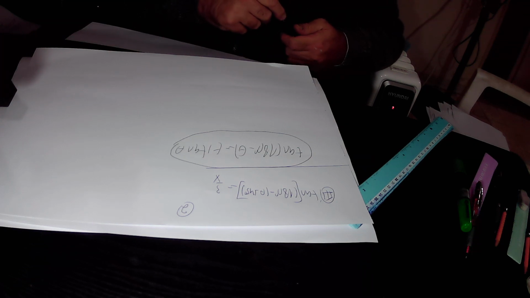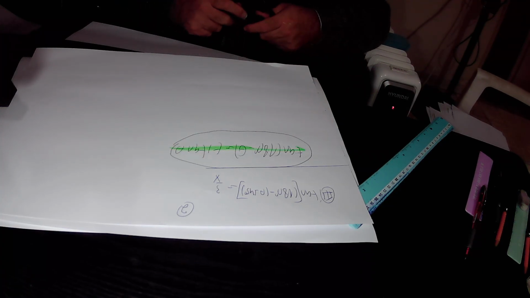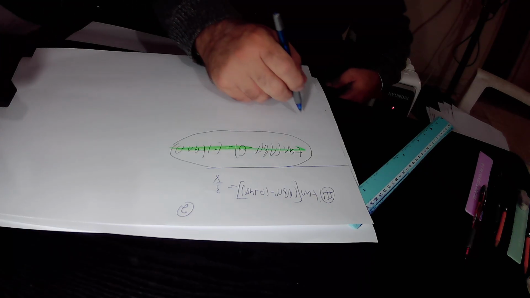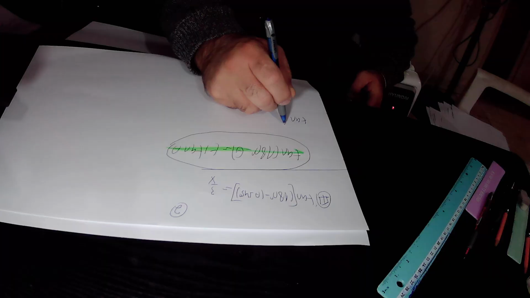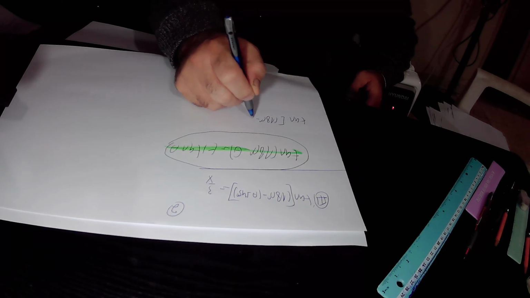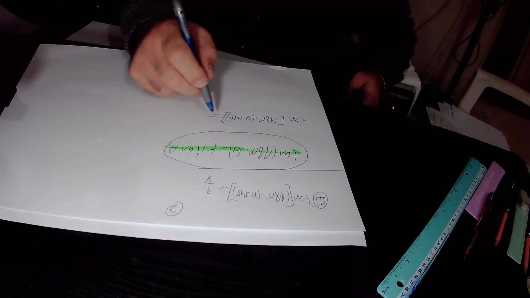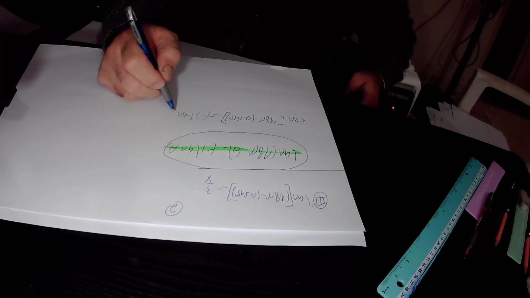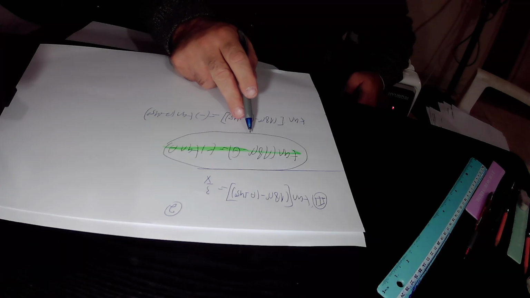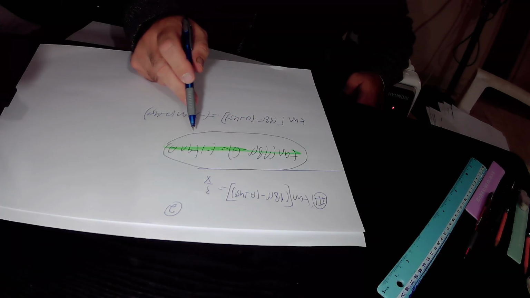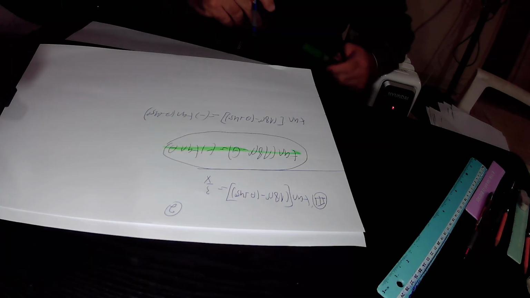According to this identity, the value will be equal to minus tangent of (theta plus 45 degrees).